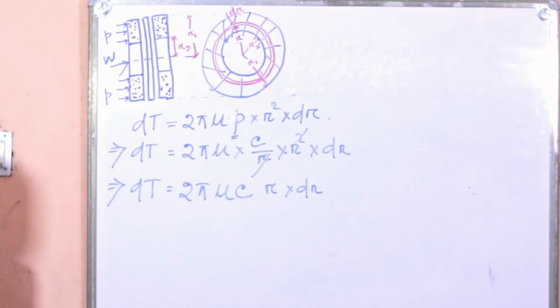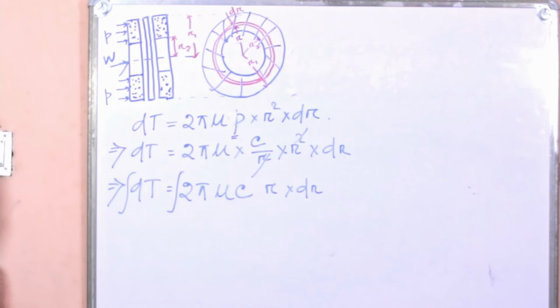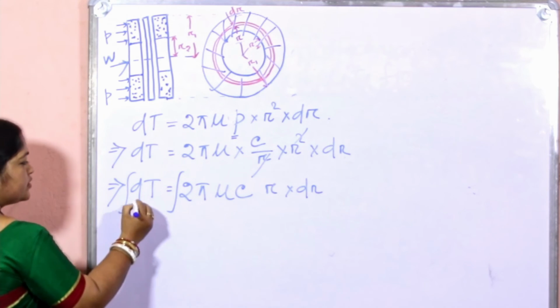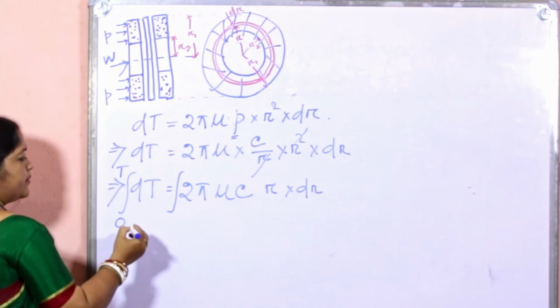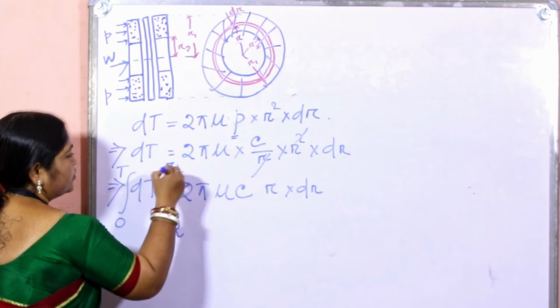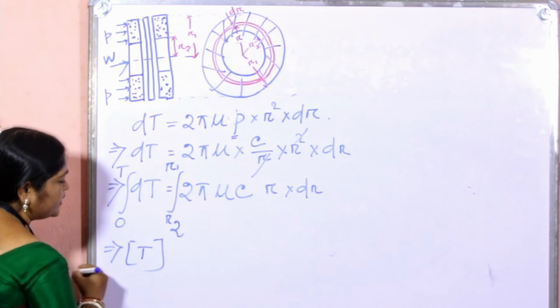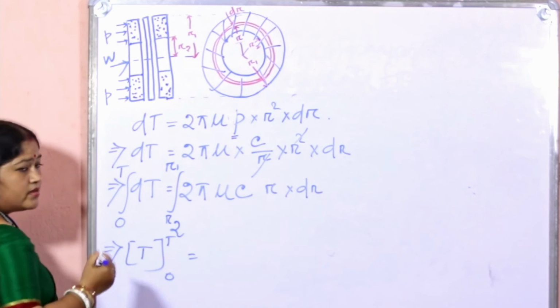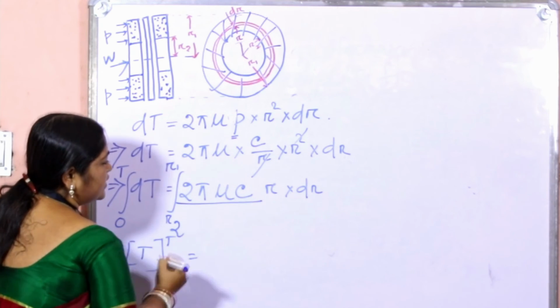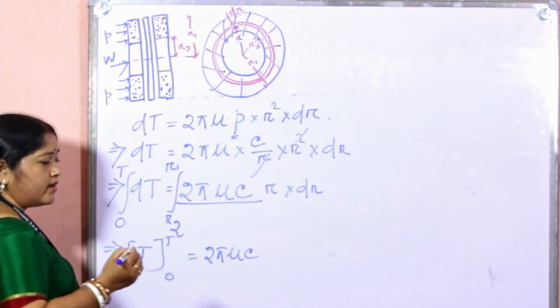To calculate the total torque transmitted by a single plate in case of uniform wear, we have to integrate this equation. So integration of dT from 0 to T is equal to integration of this side from R2 to R1. Integration of dT is T. 2 pi mu C is a constant, so it comes outside.